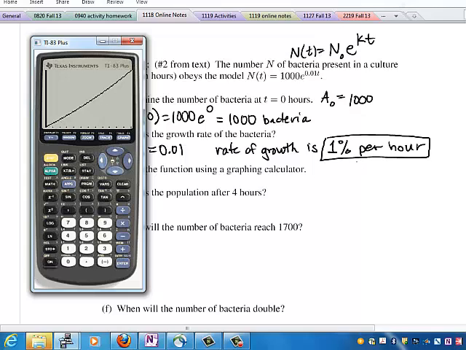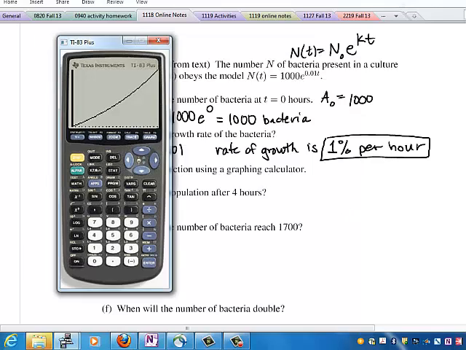This is a pretty slow rate of growth. But if we go out to maybe 100 hours, it'll probably look less linear. Yeah, I can see that curve there then at least. So we had what looks like an exponential function, but with a fairly slow rate of growth.